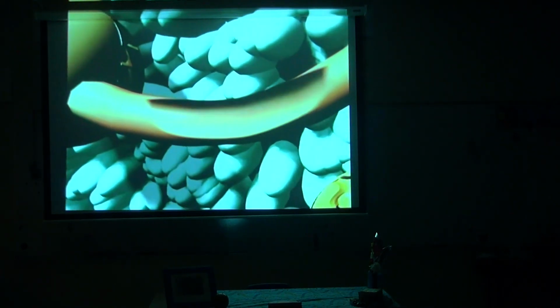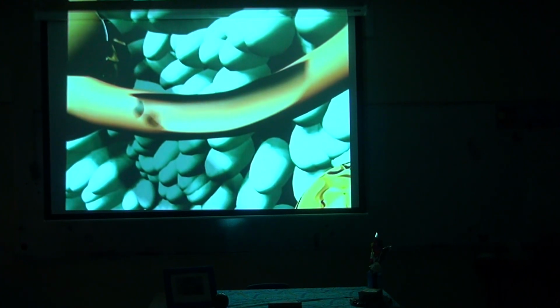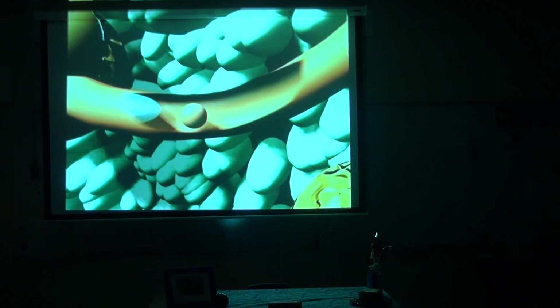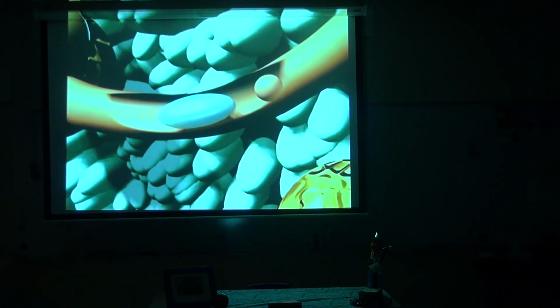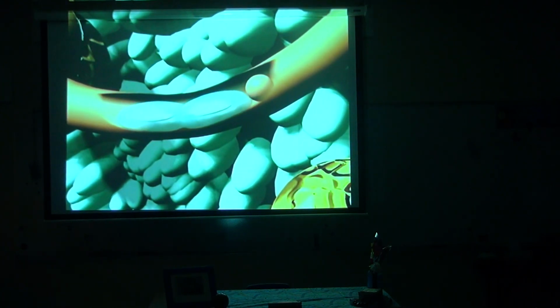A pollen tube soon emerges containing the tube nucleus and the generative cell. The generative cell divides to form 2 sperm cells.